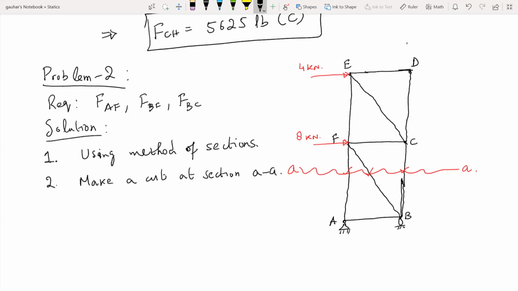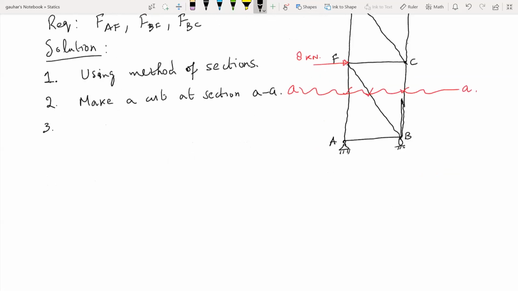So let's do that. Take the top part of the cut section.